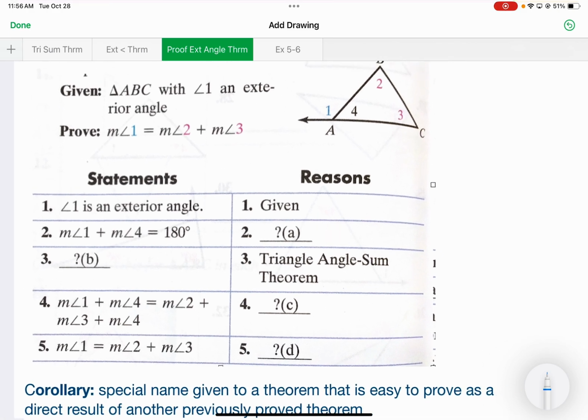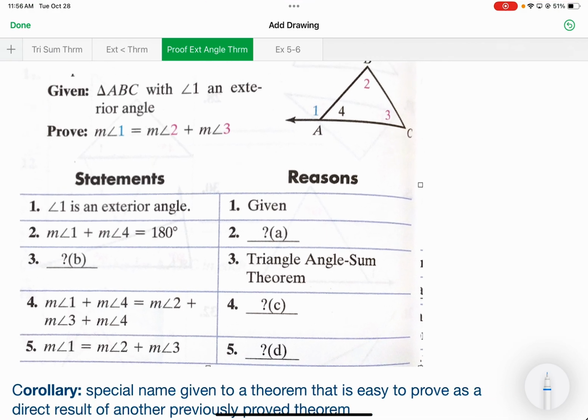Then the statement is angle 1 plus angle 4 equals 180 degrees, and we need to give a reason. What can you tell me about angle 1 and angle 4? They are linear. If angles form a linear pair, then they are supplementary to each other and add up to 180. So we're going to say that is the supplements theorem.